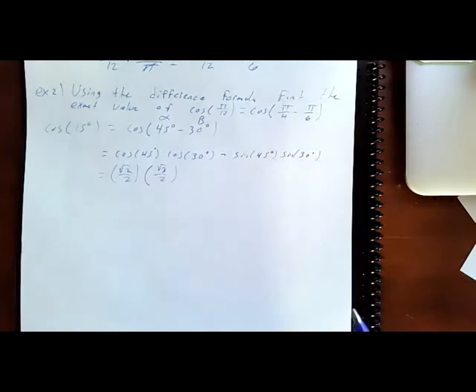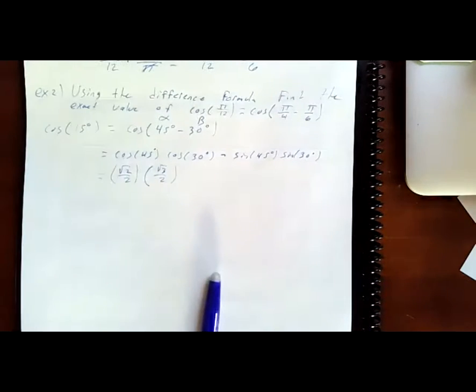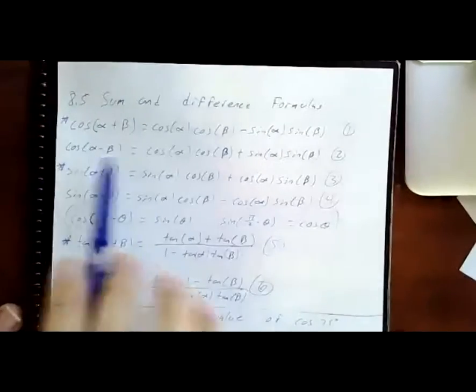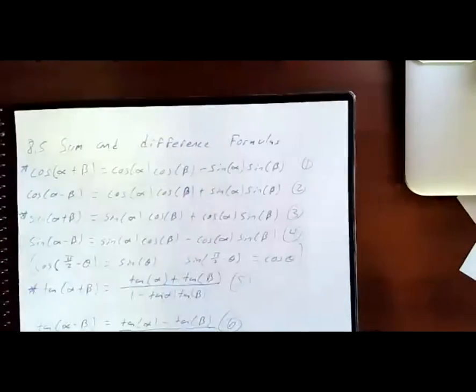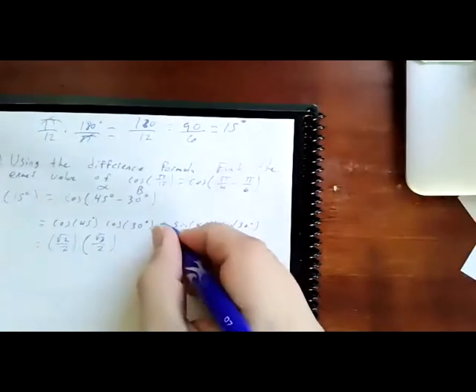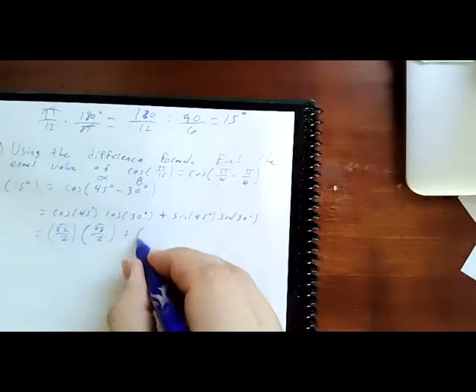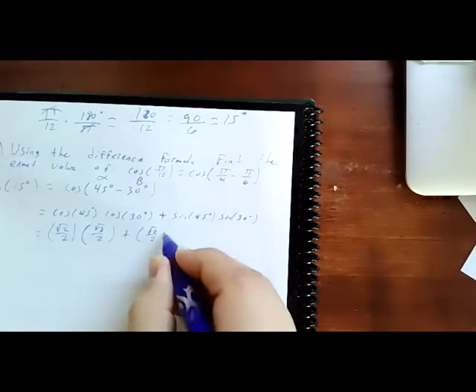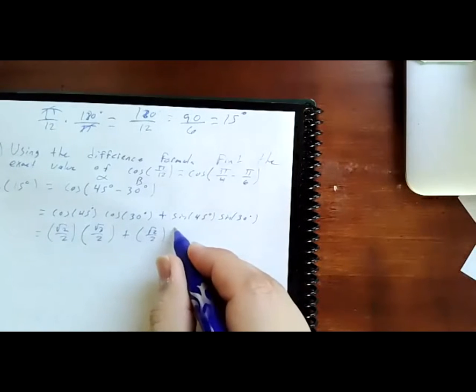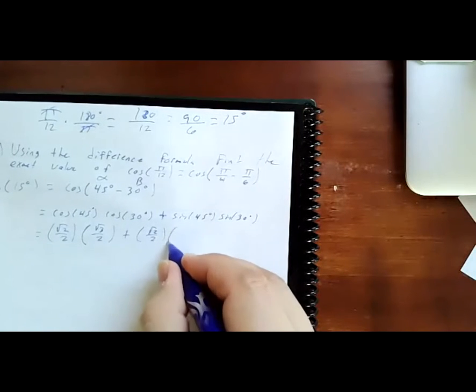Wait, I have a really quick question. Yeah. Would that be a plus in the middle? Let's double check. I think you're right. If it's minus, it should be plus. Yeah, with the cosine, it's opposite. Sine is the same. Cool. Thanks. I like when you point out errors right when it happens, not 10 steps later.